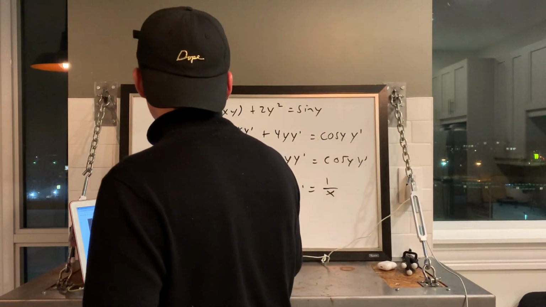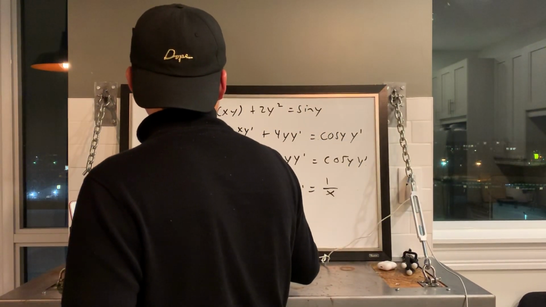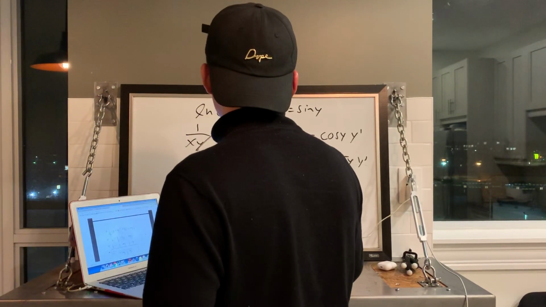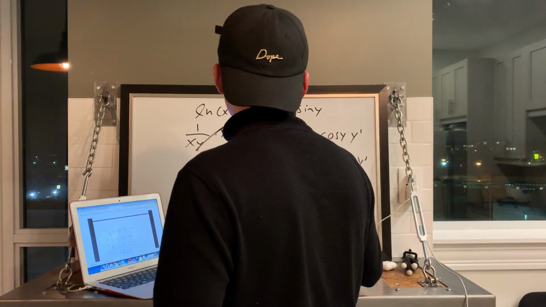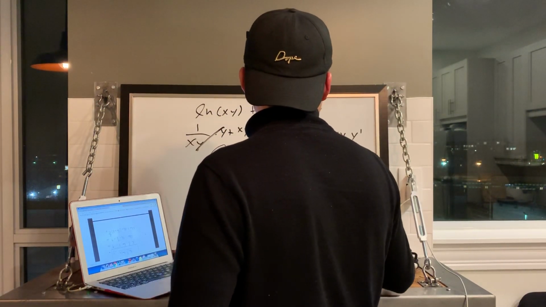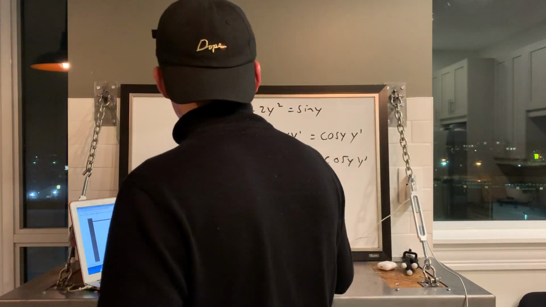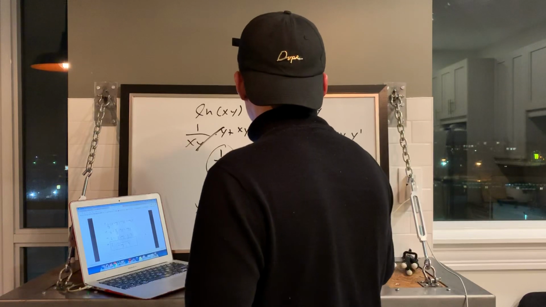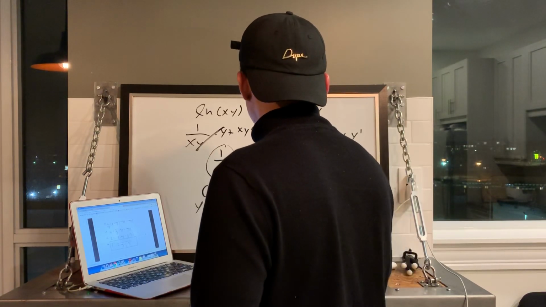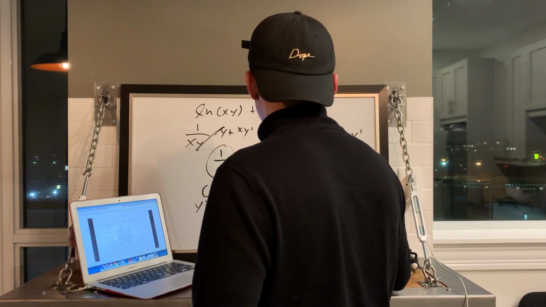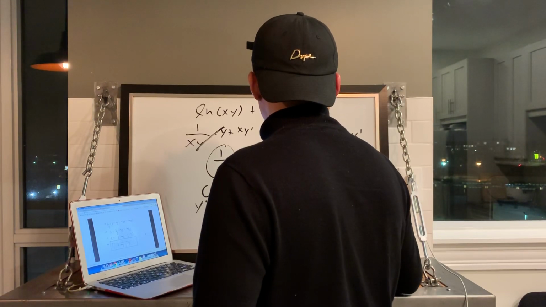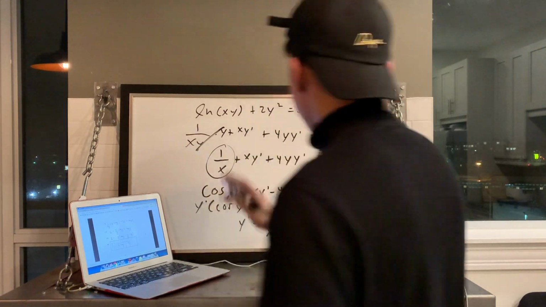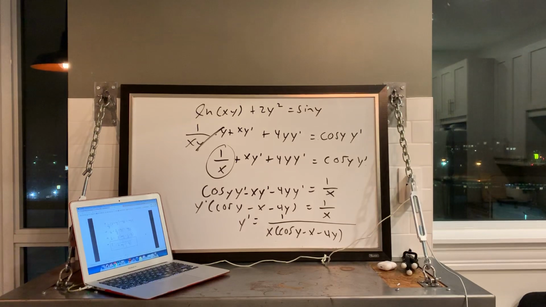So y prime equals 1 over x times cos y minus x minus 4y. Okay, so that would be the answer for that implicit.